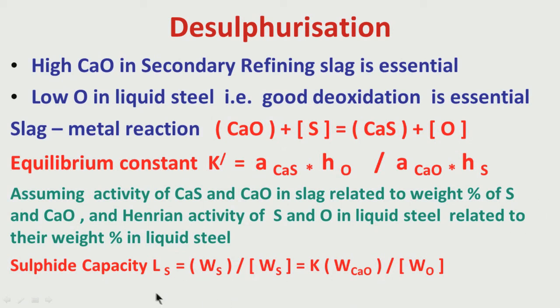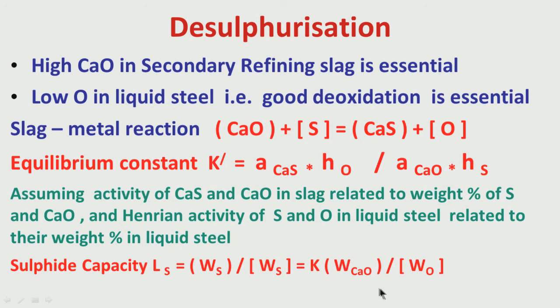I have talked about what is known as sulfide capacity. It is the weight fraction of sulfur in the slag in the form of calcium sulfide divided by the weight fraction of sulfur present as element sulfur in the liquid steel. So, the ratio of this gives an indication of the desulfurization possibility, and how effective the desulfurization is. This is known as LS, the sulfide capacity at equilibrium level.